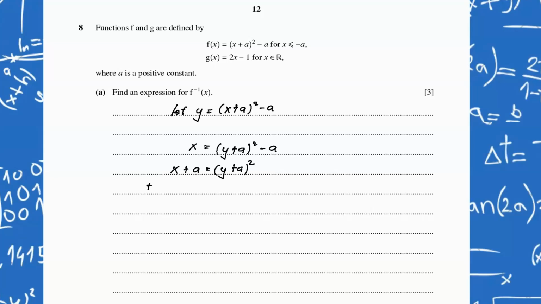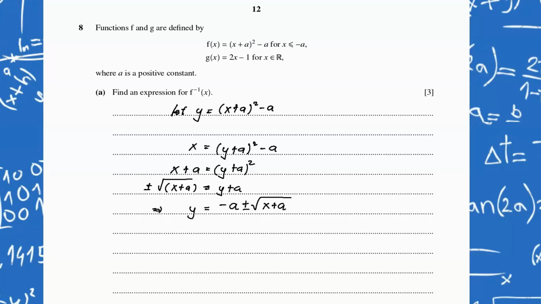Square root both sides, so plus or minus the square root of x + a is equal to y + a. So basically, if we subtract a from both sides, y is equal to -a plus or minus the square root of x + a. So this is what we have.